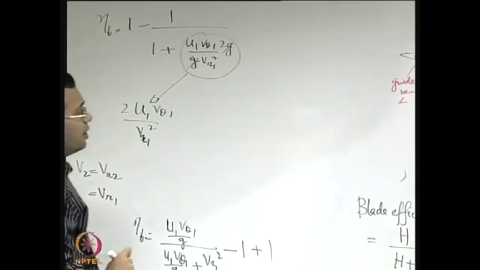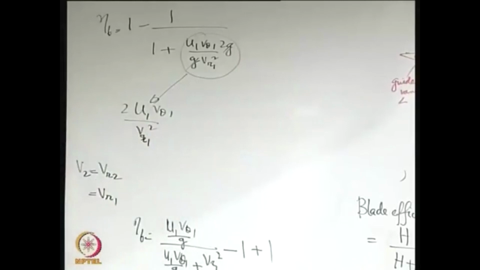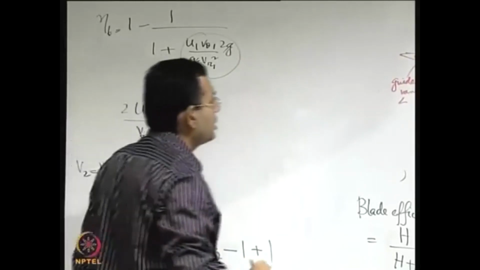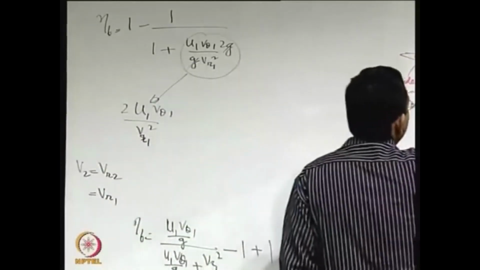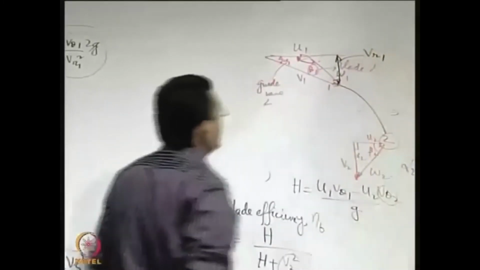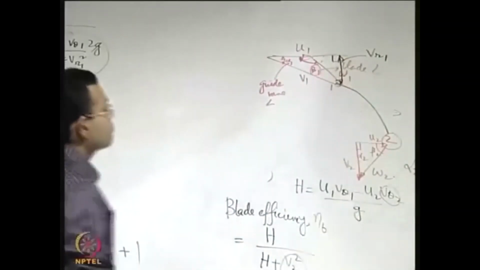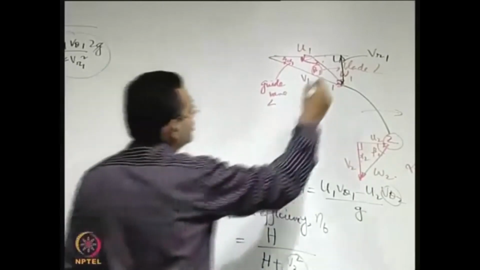So first of all, can you write U1 and V theta 1 in terms of VR1? So look into the velocity triangle. So this is VR1. What is V theta 1?